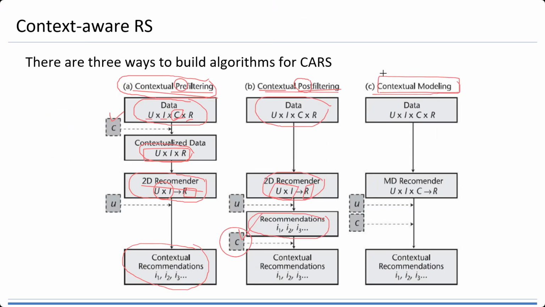If we do the contextual modeling, it means I have the data and then I will make some kind of model. The model will be based on the user, item, and the context, and I will use the rating information. And at the end, we will do the contextual recommendations.